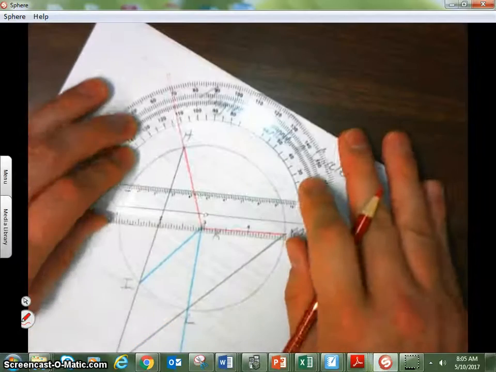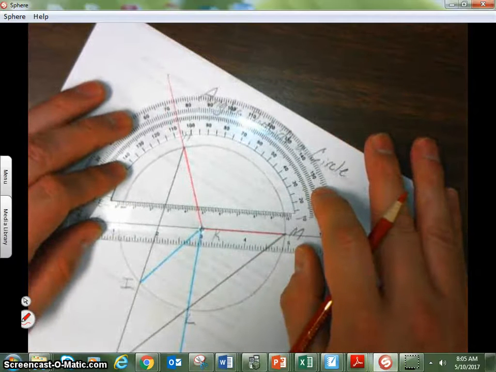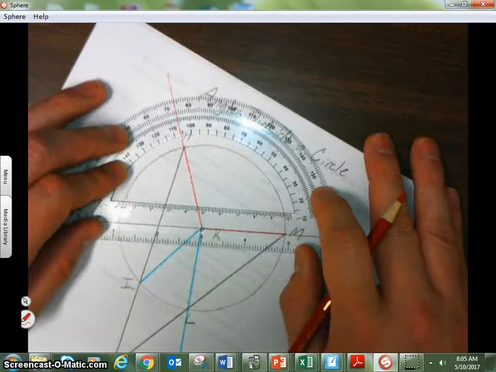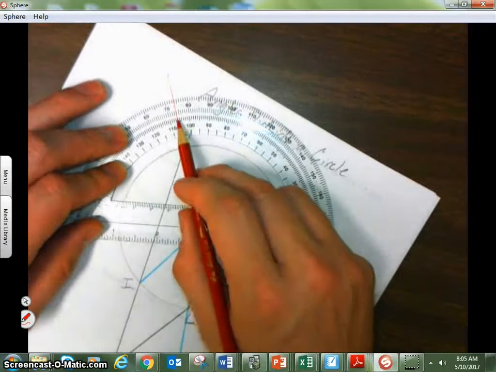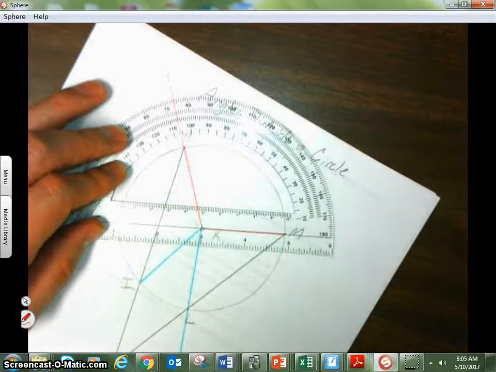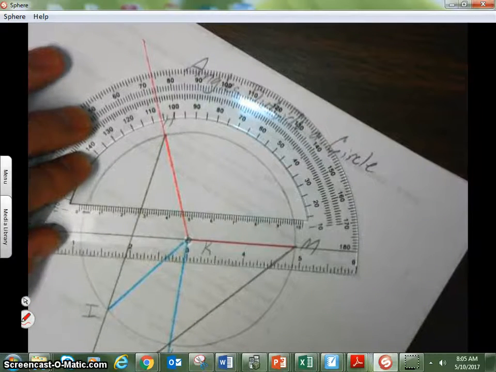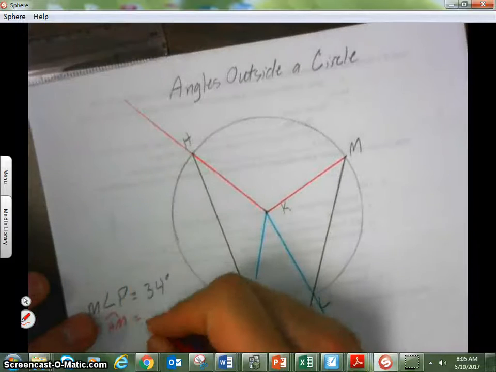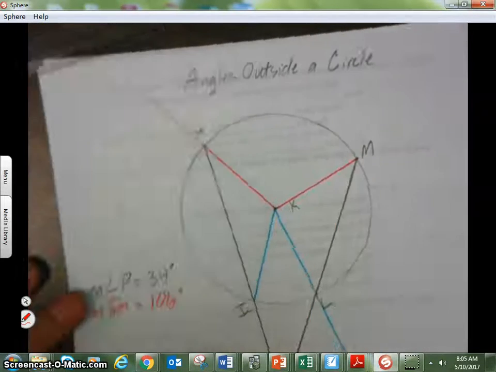So using the protractor here, this one to me on mine looks right at about 109, no, 106 degrees. Oh, wrong way. Yeah, right at about 106 degrees. So I'm going to say 106 for the measurement of that arc.